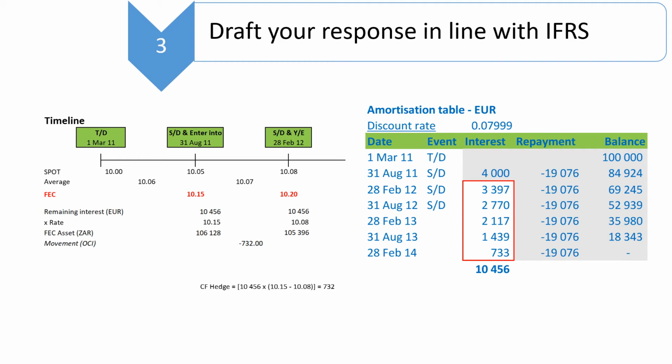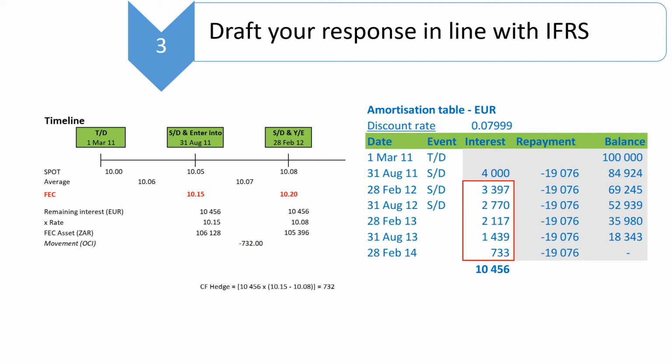And your next step is, now that you have this movement, obviously we need to journalize this, because in accounting, movements are the things that get journalized. In order to understand which direction you record this, whether it's a debit or a credit, firstly understand how your FEC asset is behaving.